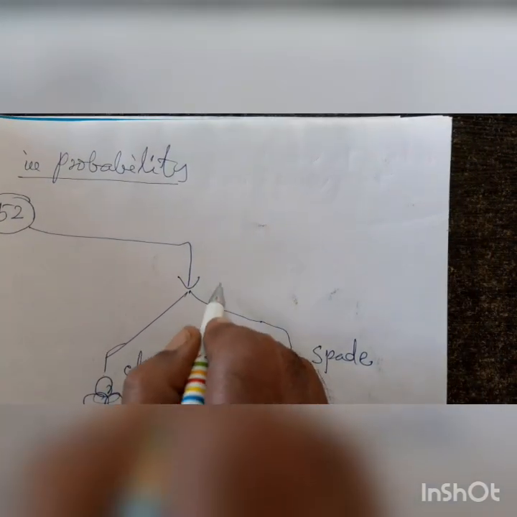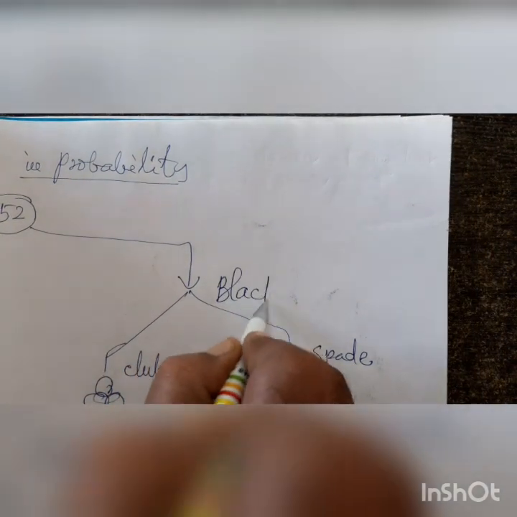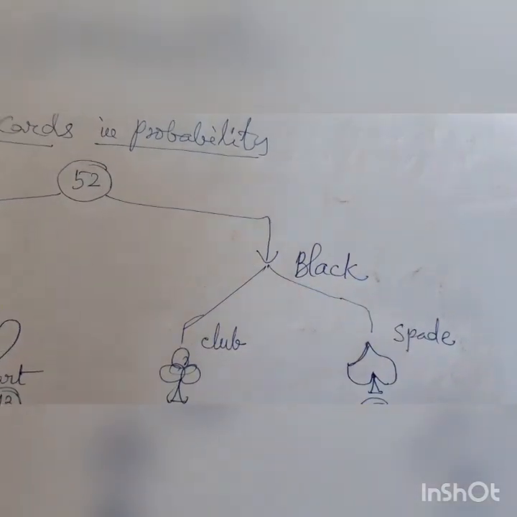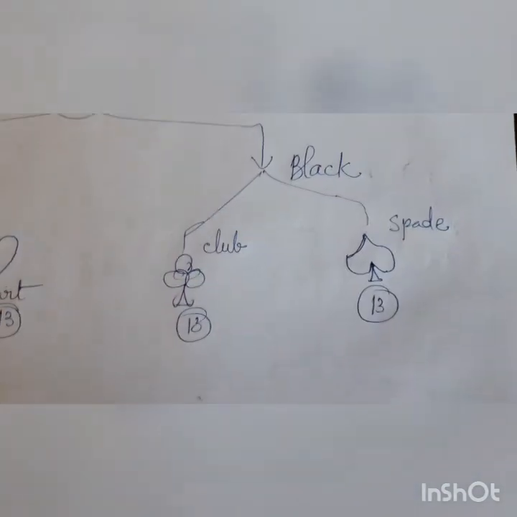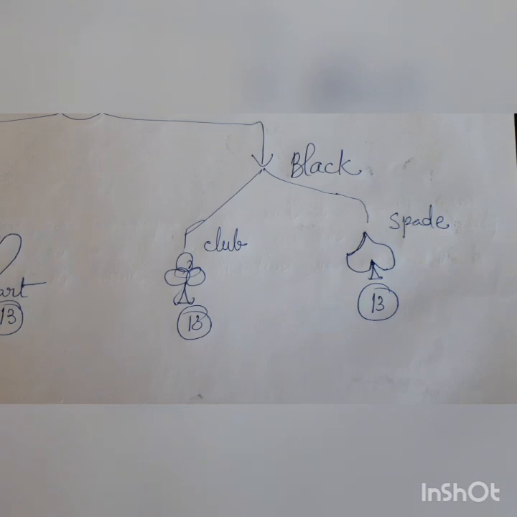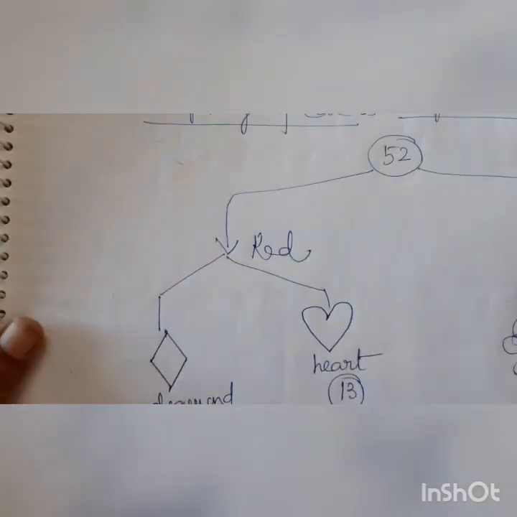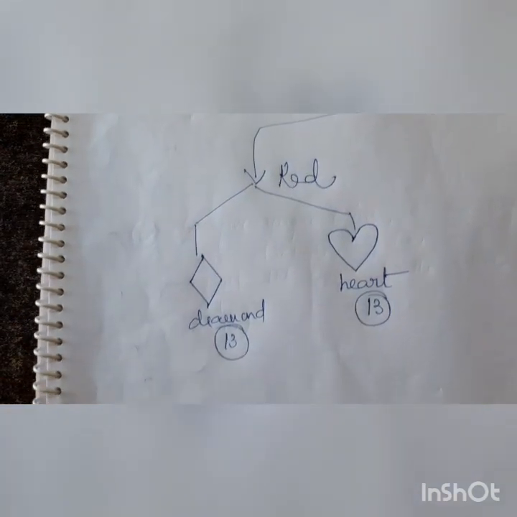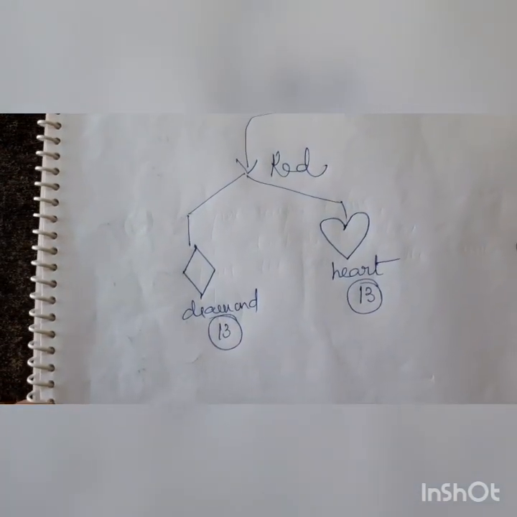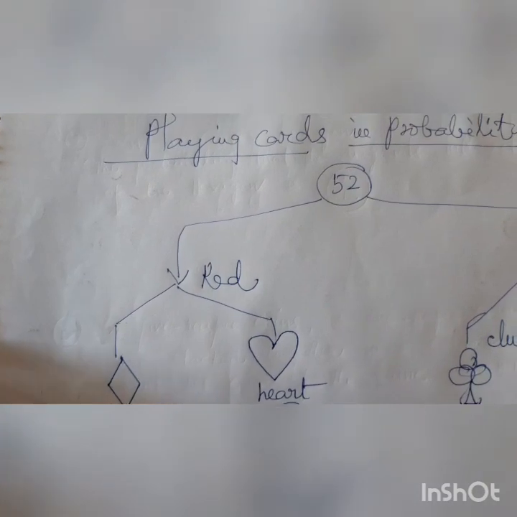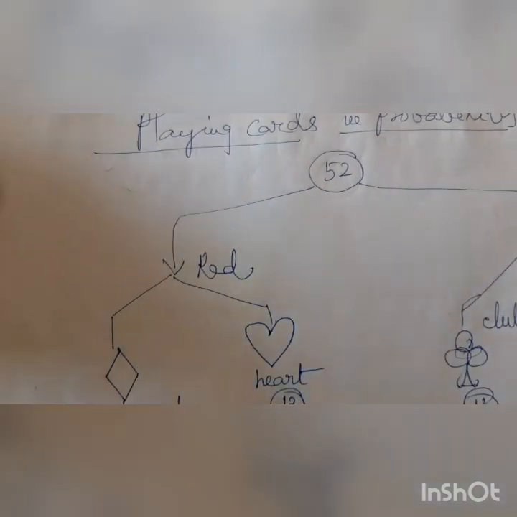This is in color black. Observe here. Black: club 13, spade 13; red: diamond 13, heart 13. Total 52 playing cards.